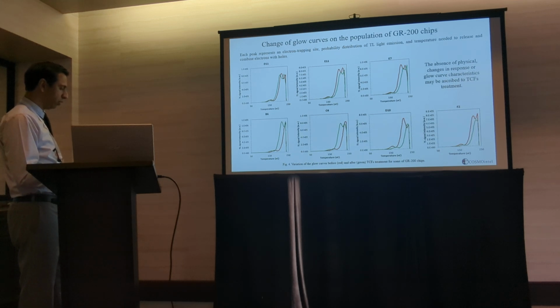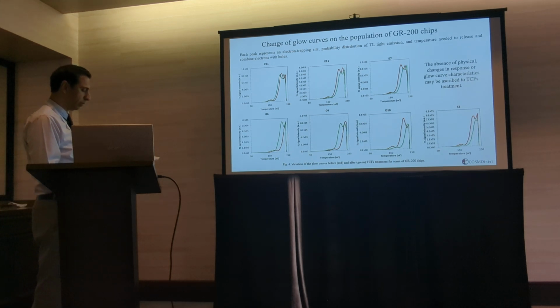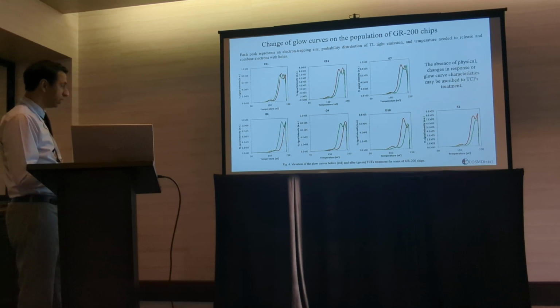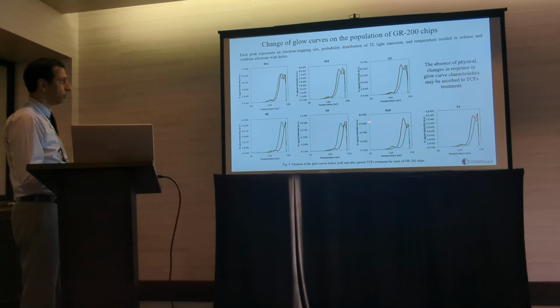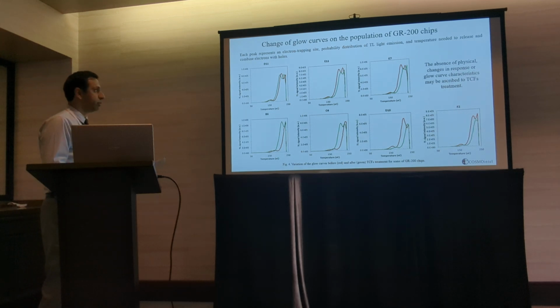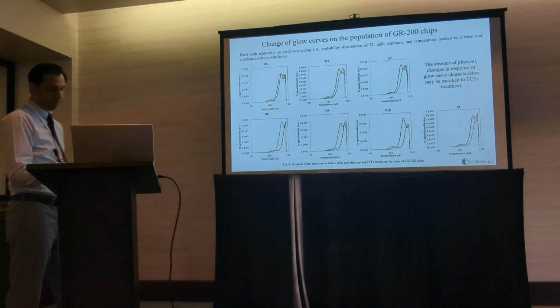Second scenario, the number of peaks and their displacement remain constant, for chips D11, E11, and E7. And the last, third scenario, reducing the number of peaks, for B6, C4, D10, and F2.